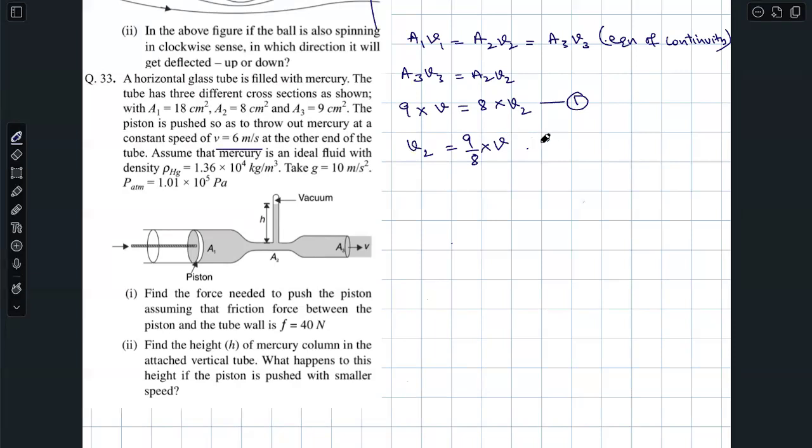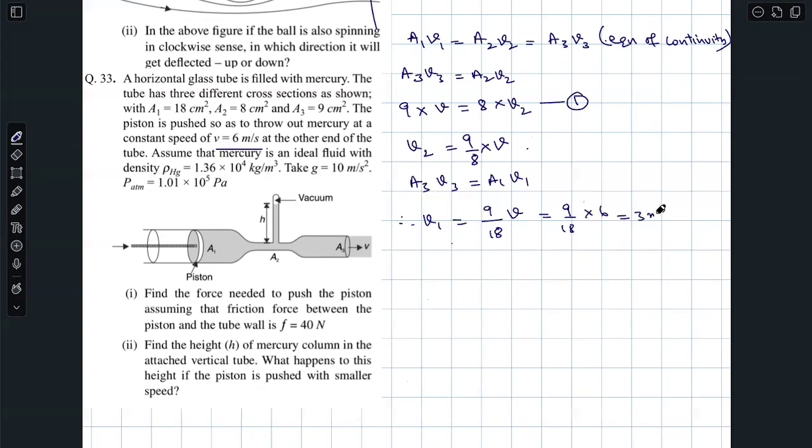Just please confirm, am I right or not? A3 is this. A2 is this. Similarly, A3 V3 is equal to A1 V1. So therefore, V1 is equal to A3 9, A1 18, times V3, V. 9 by 18 times V, V is 6.